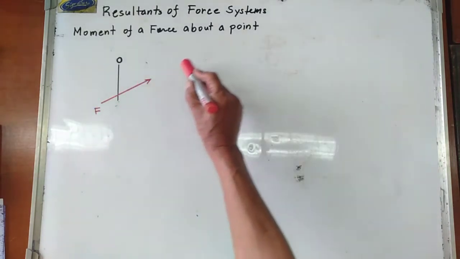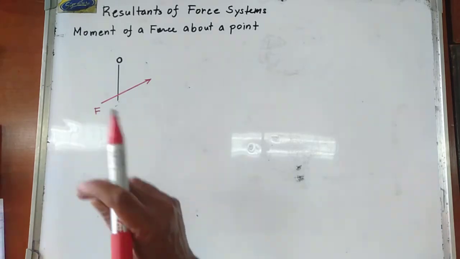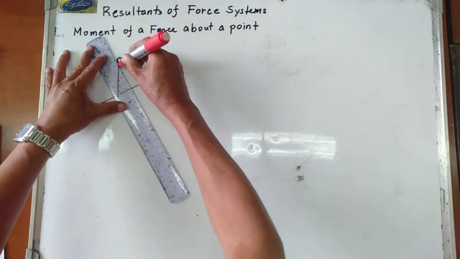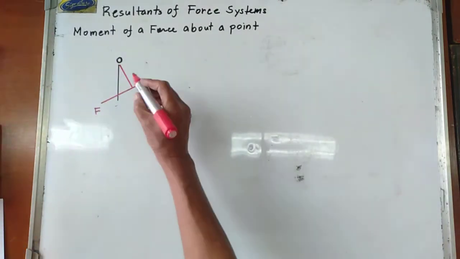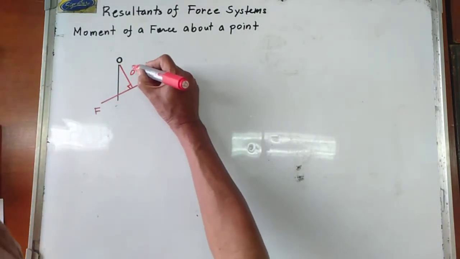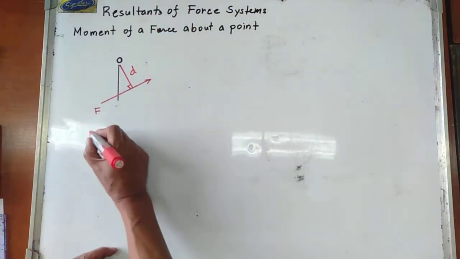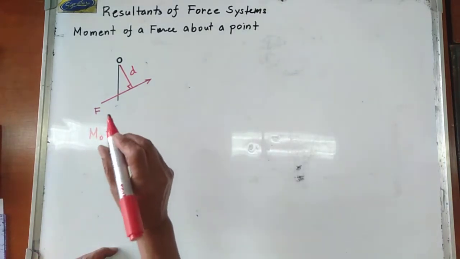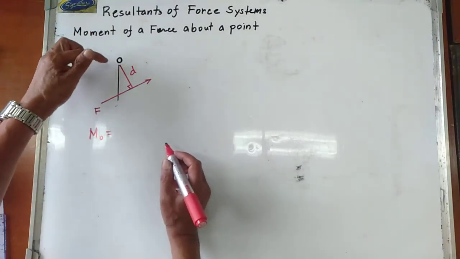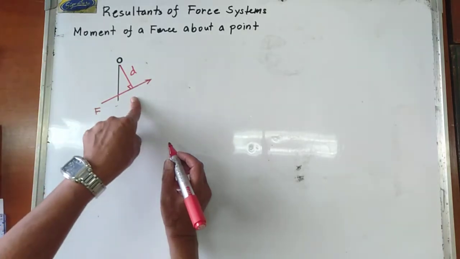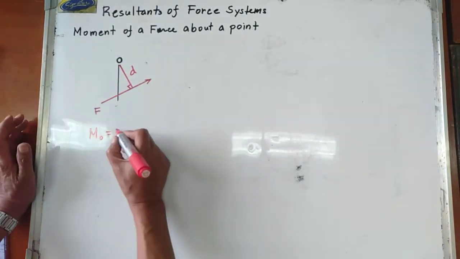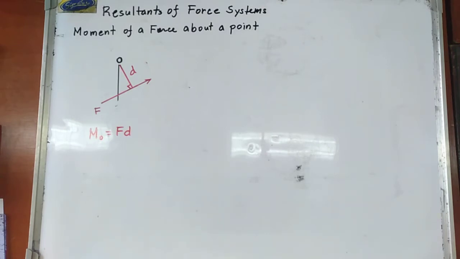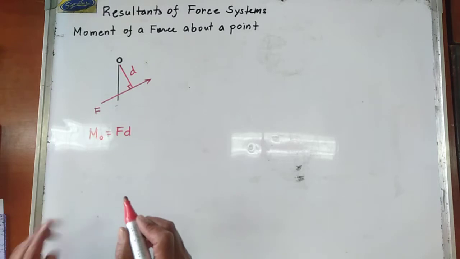So if this is the line of action of the force, the perpendicular distance to that point or axis is D. This is 90 degrees, and this is equal to D. Hence, the moment of the force F about point O is equal to the force multiplied by the perpendicular distance from that point to the line of action of the force F. So what is this D?